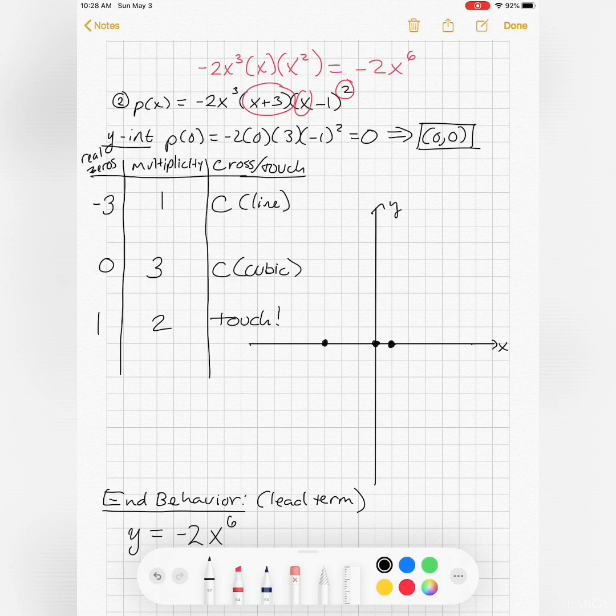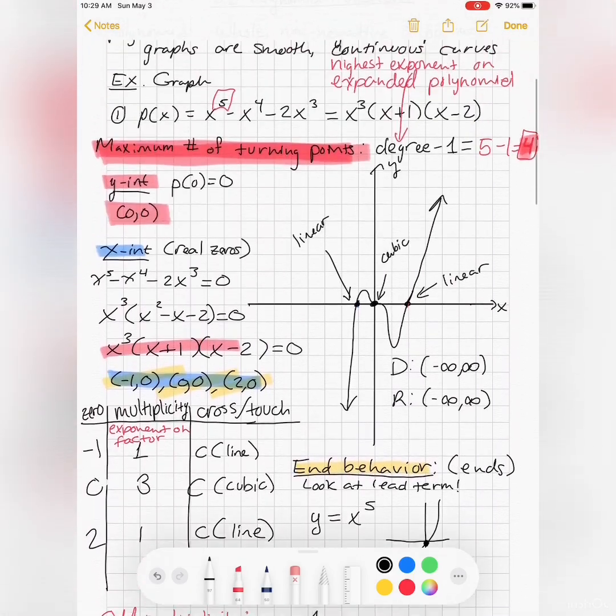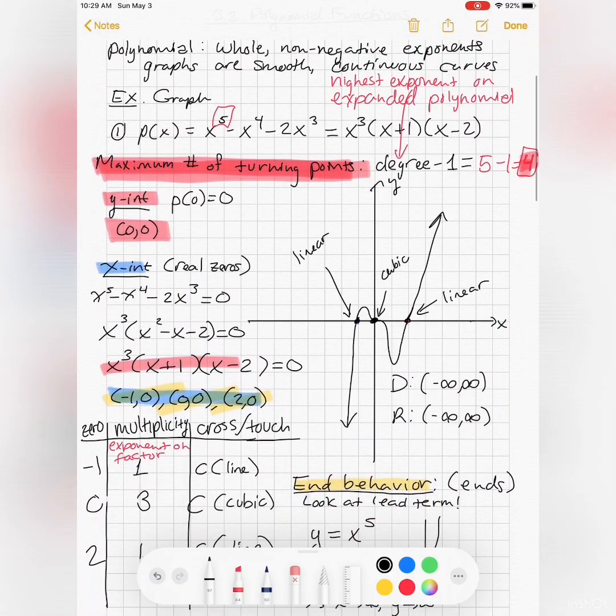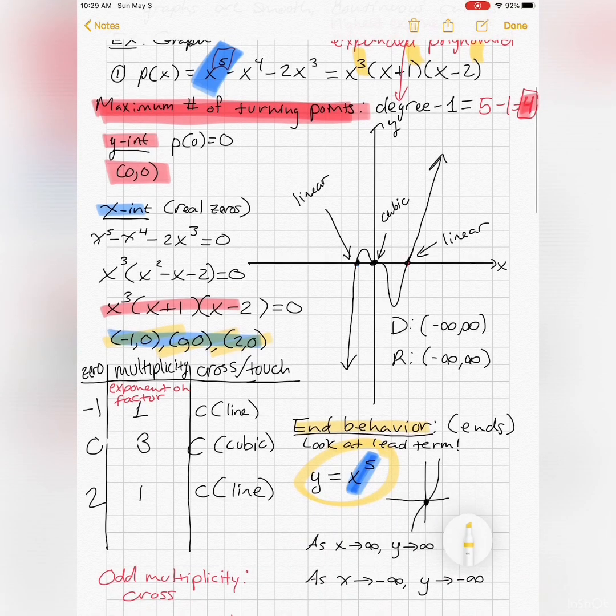When I have a factored polynomial, I have to add up those exponents. Look back at the previous example: I started out with the expanded polynomial so I could see the leading term. If I had started with the factored form, I would have had to add 3, 4, 5 to get this leading term back.